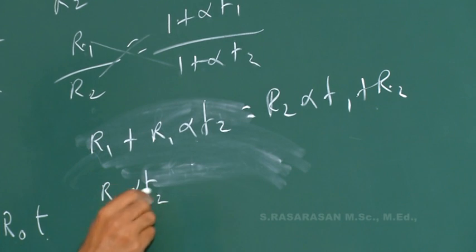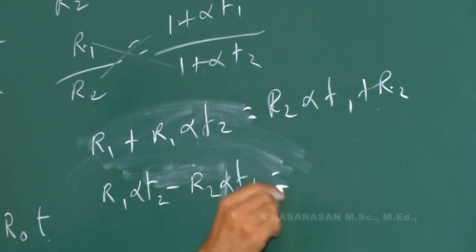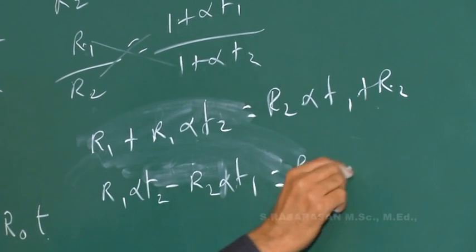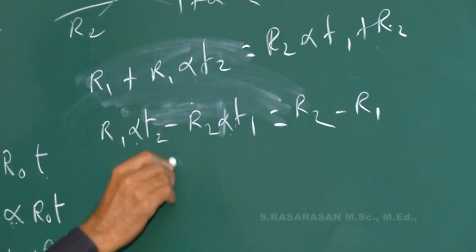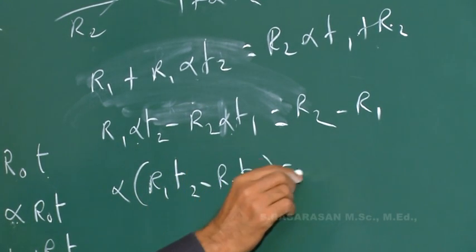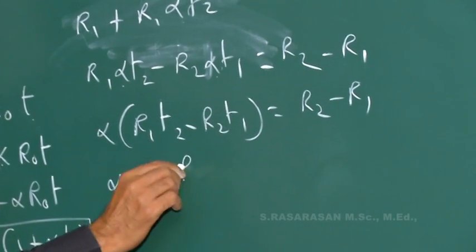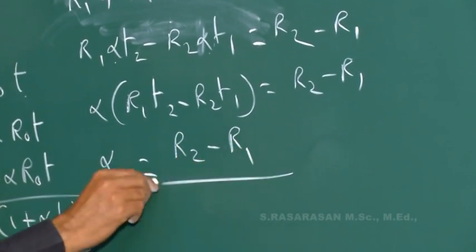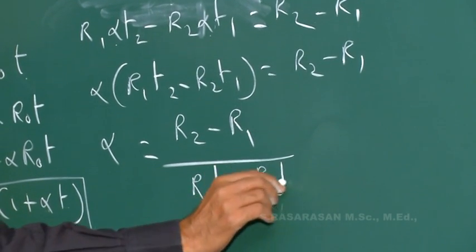Bring this alpha term here: R1 alpha T2 minus R2 alpha T1 is equal to R2 minus R1. Alpha taken as common: alpha times R1 T2 minus R2 T1 is equal to R2 minus R1. So alpha is equal to R2 minus R1 by R1 T2 minus R2 T1, which is what I wrote first.